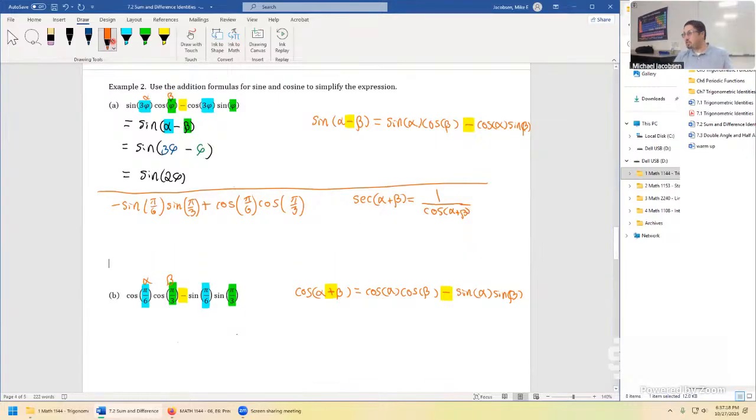Once you get that far, you can just rewrite this as 1 over cosine alpha cosine beta minus cosine alpha cosine beta. So if any other reciprocal function comes up, you just use this idea, use the identity purely in the denominator. Does that make sense with those 2 questions there?